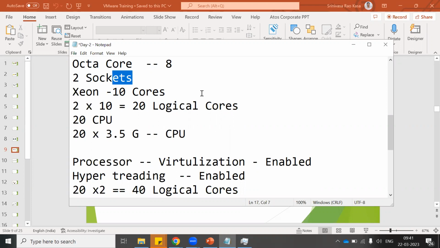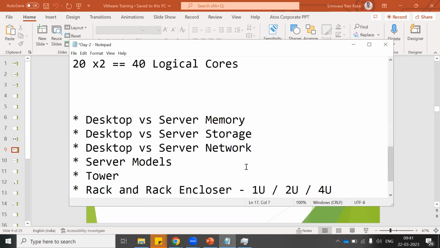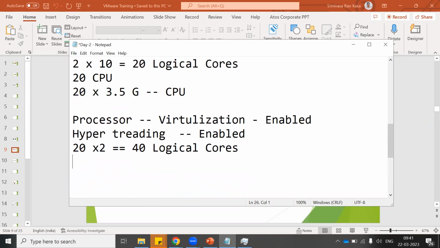If I consider a 4-socket motherboard, for example, and each Xeon processor can support, for easy understanding, 20 cores per processor.